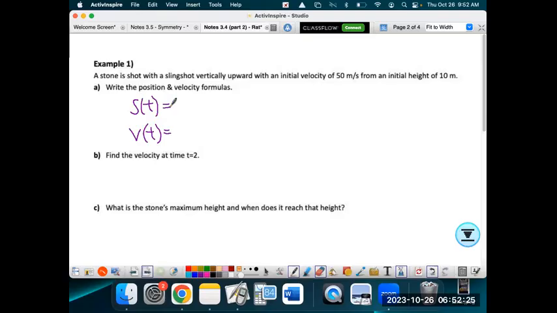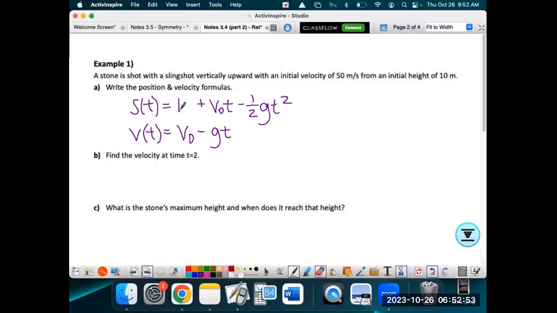I'm going to write them generally down and then I'll fill the numbers in when I'm done. I would also say, so long as you memorize your position formula, you don't necessarily need to memorize your velocity. You can just take the derivative of your position formula.